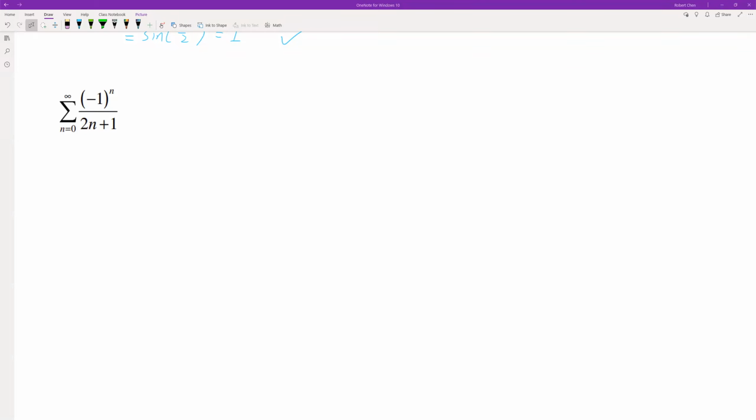Now, this one is also not that obvious, but again, let's first just write out the first few terms, see if we can get an idea. So we will have 1 minus 1/3 plus 1/5 minus 1 over 7 plus dot, dot, dot. Right, so just by looking at this, it's pretty hard to tell what we have here, right?